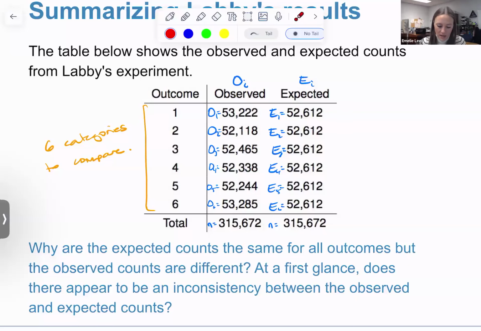We're not just looking at individual counts anymore. Now we're talking about these observed values. Some are going to be closer to the expected count than others, but overall, are they far enough away from the expected count to be considered significantly different?